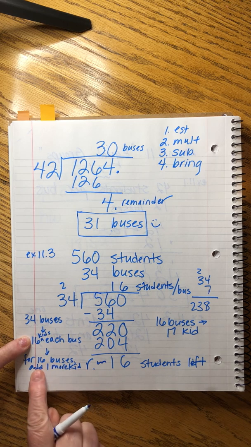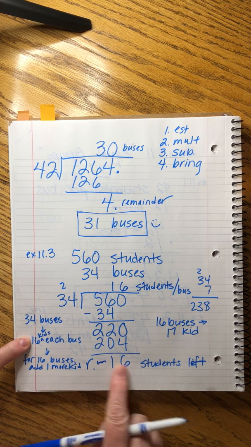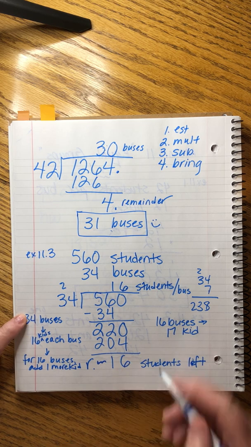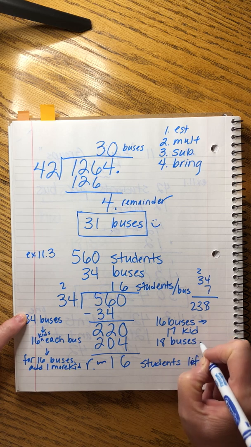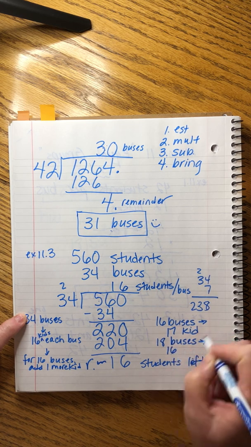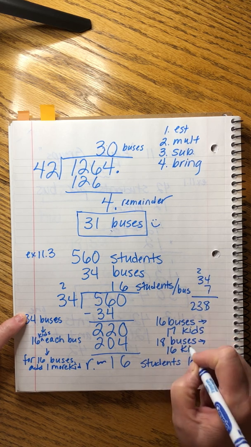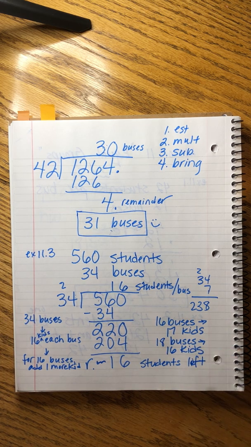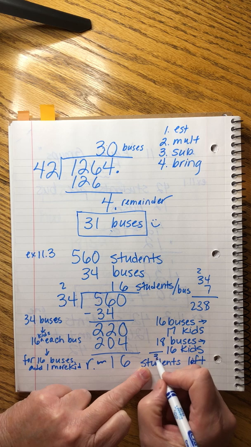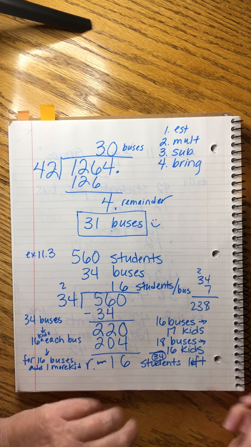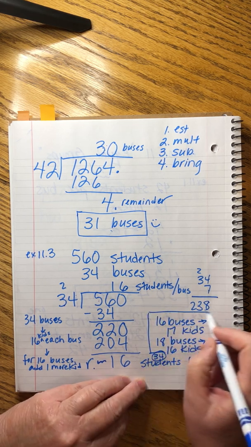The 16 original plus, we'll put one more student to use up this last 16, and then the remaining buses, they won't get an extra kid, so they'll just have 16 kids. And that is our total of 34 buses in all. So this is my answer.